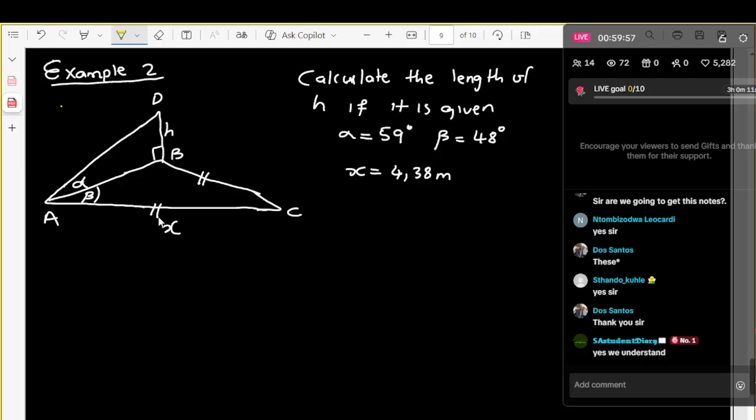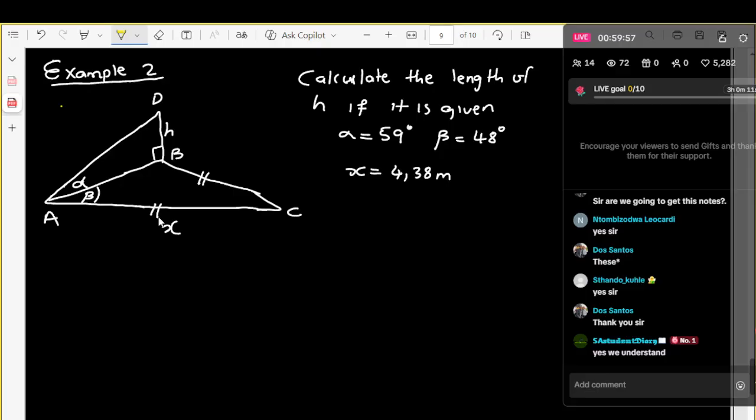First thing first, look at what they are looking for, h. So if you can derive the formula to calculate h, you are good. In that triangle, this will be my adjacent, this will be my opposite. So we need to use the tan of alpha, which will be opposite, h, over your adjacent, which is AB.